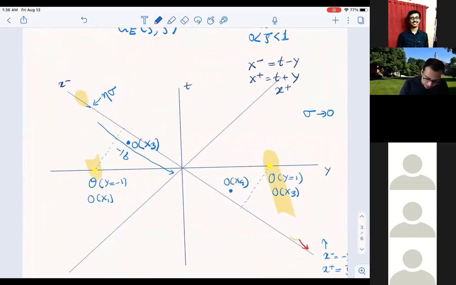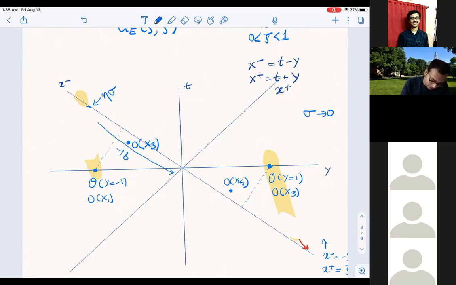So Euclidean is basically when we are never moving this operator and this operator. They are fixed. So the Euclidean correlator is when x3 and x4 are space-like separated from x1 and x2. So that's the Euclidean correlator.